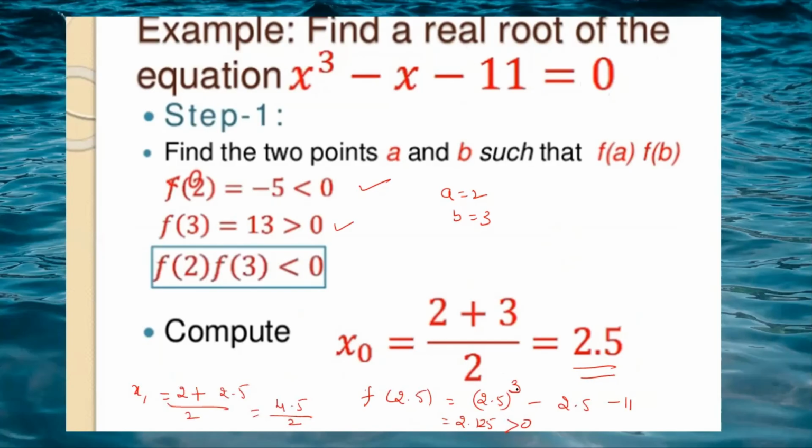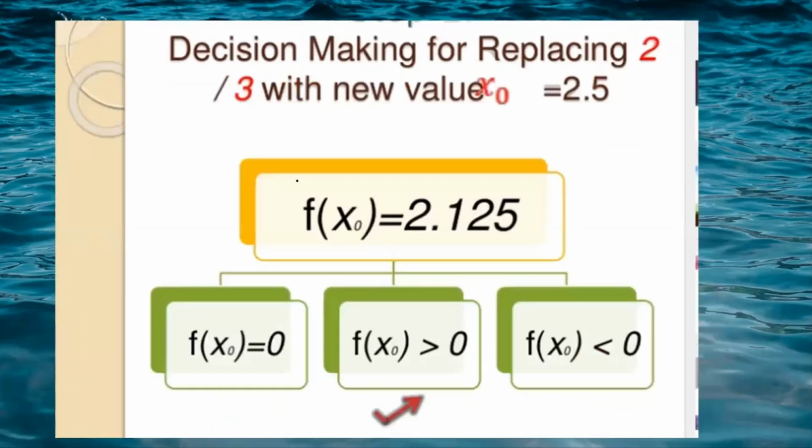So 4.5 divided by 2 is equal to 2.25. So this is equal to 2.25. So next one is 2.25. So you got the next value, your x naught is now 2.25.